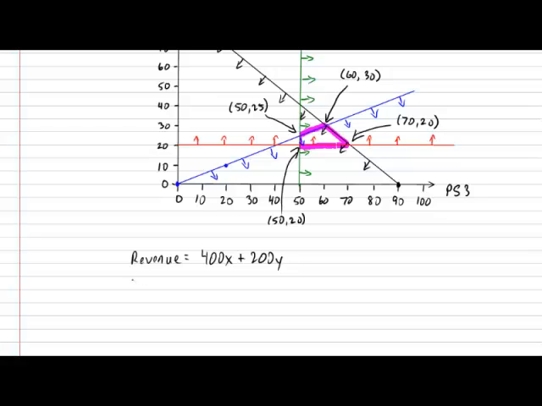So first, let's try the vertex 50 and 20. Let's see what happens. The revenue we'll get will be 400 times 50 plus 200 times 20, and that will give us a revenue of $24,000.